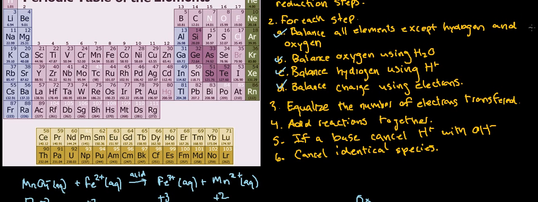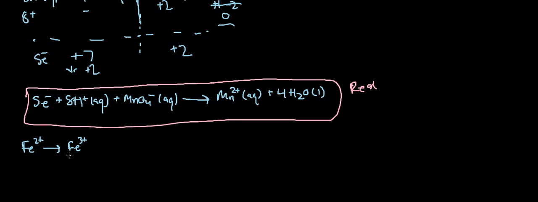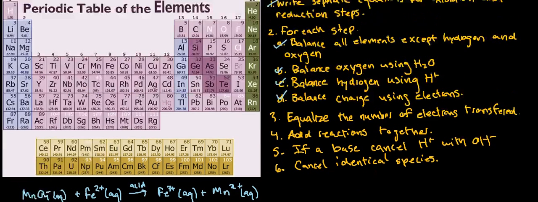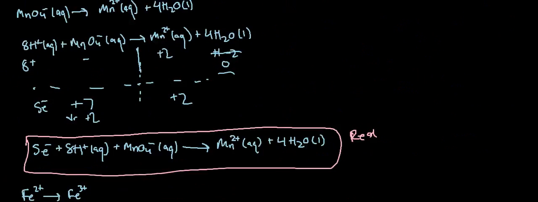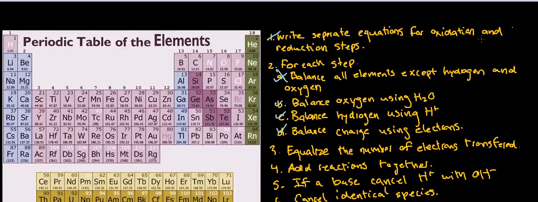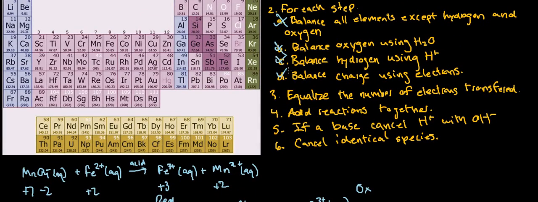Balance all elements except for hydrogen and oxygen. I have 1 iron on this side, 1 iron on this side, so that's already balanced. So that's fine. So there we go. Balance oxygen using H2O. There are no oxygens to balance, so this is done. Balance hydrogen using H+. There are no hydrogens, so that's done.